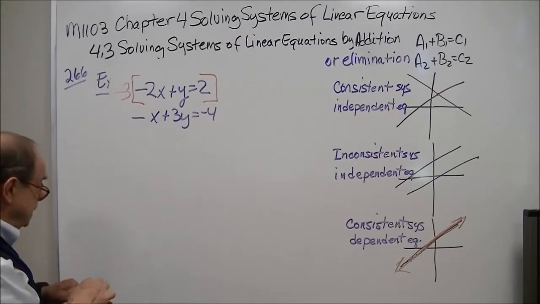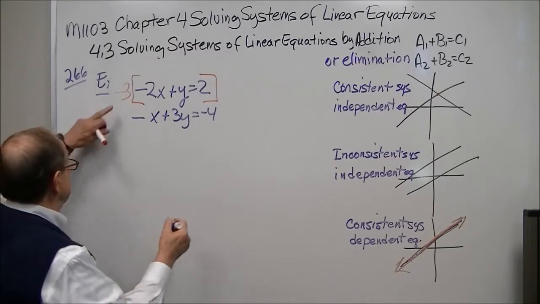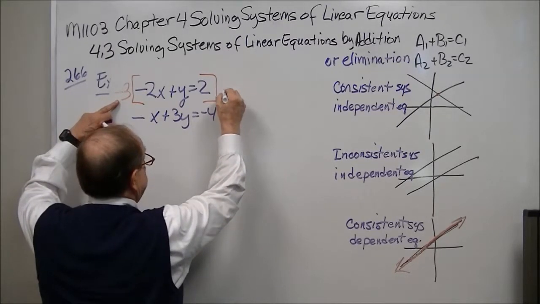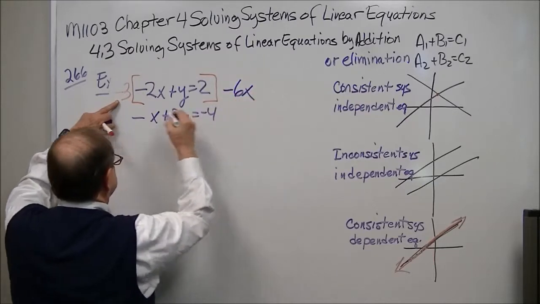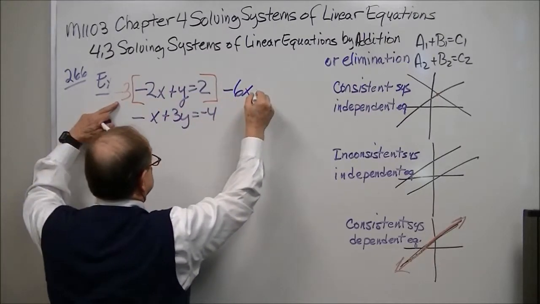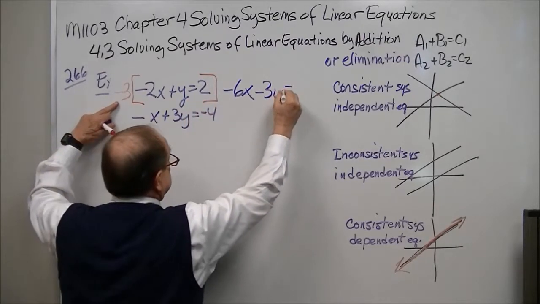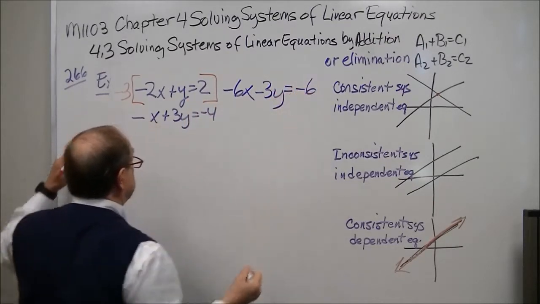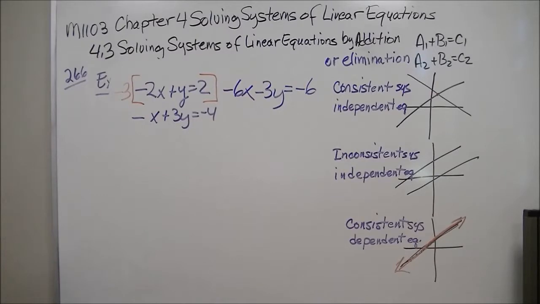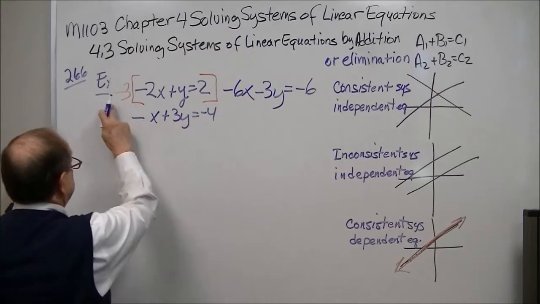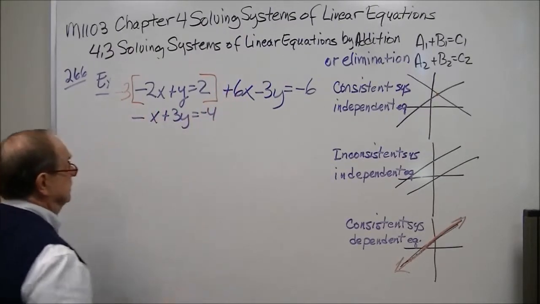Now, watch what that does. This makes this a negative 6x. This makes this a negative 3y. And this makes this a negative 6. Now, the key is to multiply every term. And this is a negative times a negative. This is going to be a positive here, right?